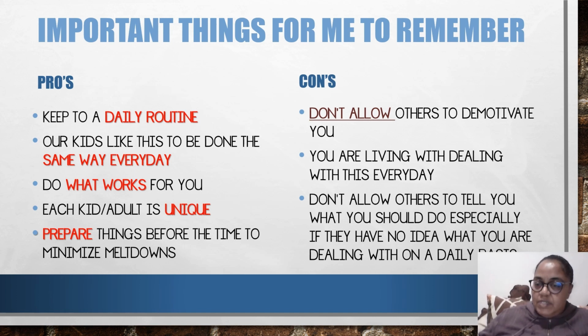And I discovered, with trial and error, many tears, so much wanting to give up, a daily routine is important. You need to do the same things. Well, for me, I needed to do the same things every day, the same way. The toothbrush needs to be exactly there every day.